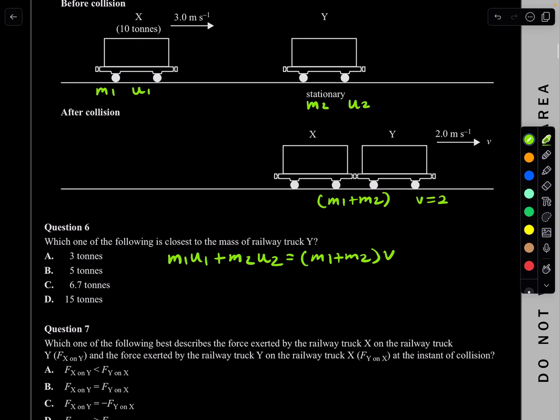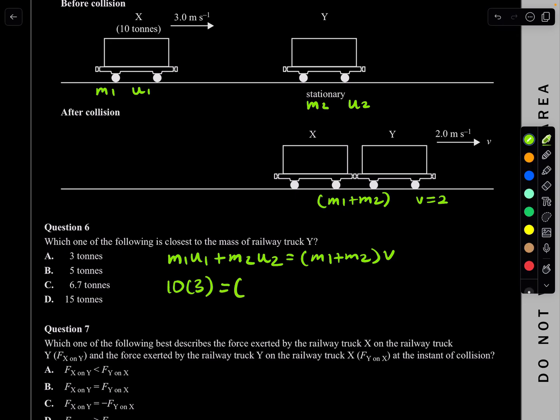So M1 in this case, make sure it's in tons, because we don't have to convert them into kilograms because all of them are in tons. Your answers are in tons, so we can just leave them as tons. So 10 times U1, which is 3, plus M2, which we don't know and that's what we're trying to calculate, times U2, which is 0 because it's stationary, so that just becomes 0.